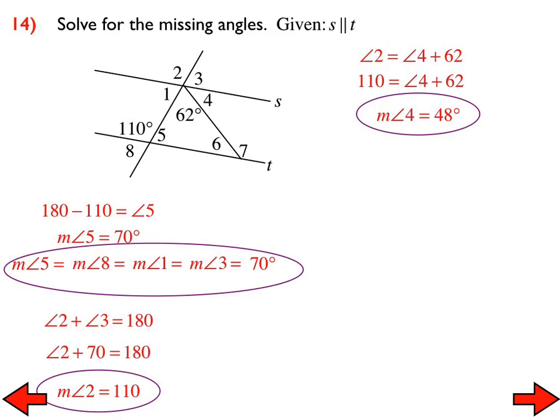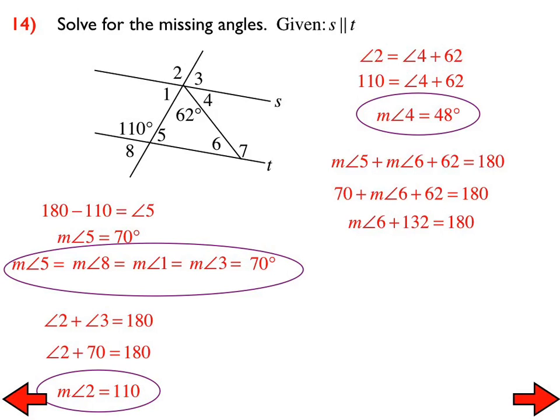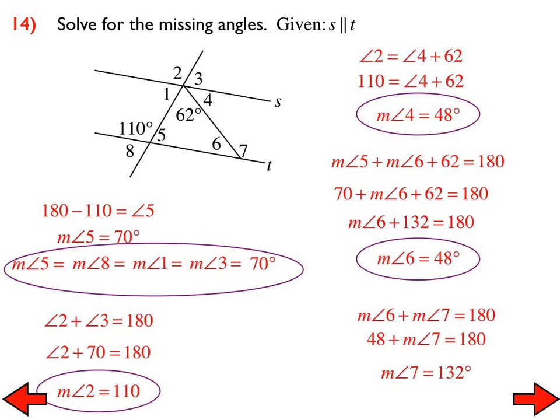And 4 and 6 are alternate interior. But I'm also going with the fact that 5 and 6 and 62 make 180 because of the triangle sum theorem. And so that makes angle 6 48 degrees. And then 6 and 7 are supplementary, and so angle 7 is 132. Any questions about number 14?